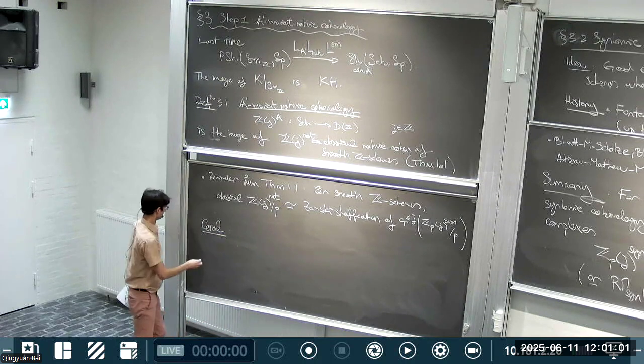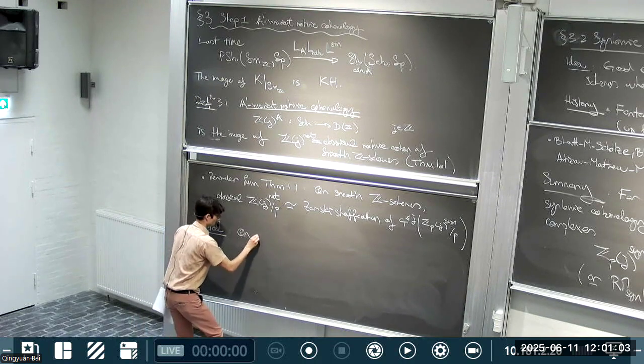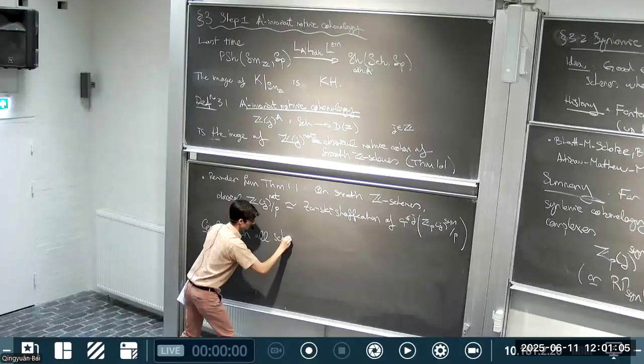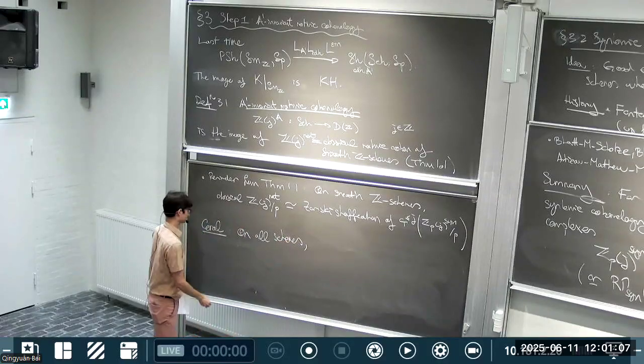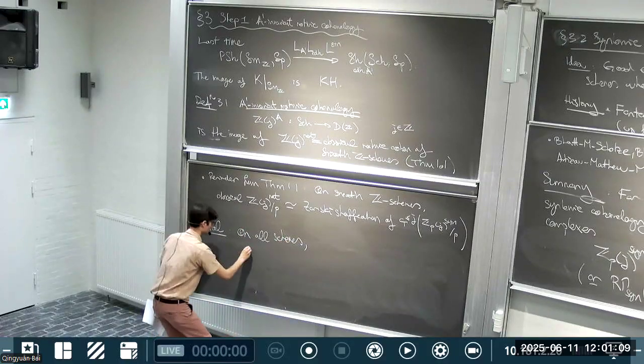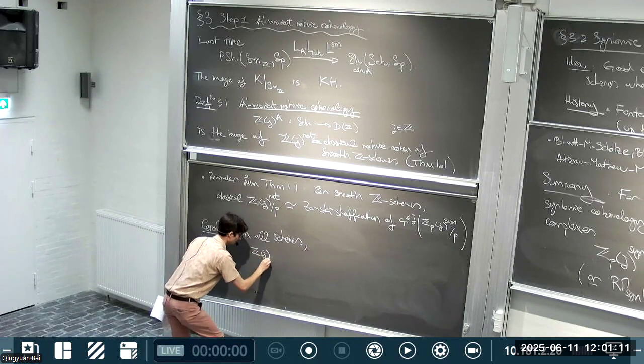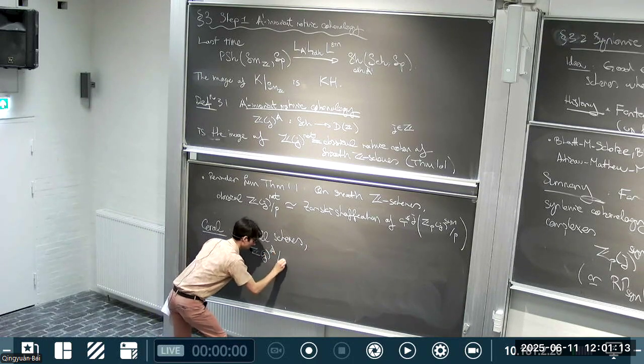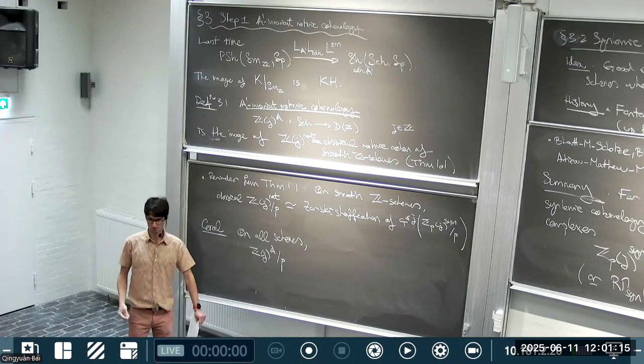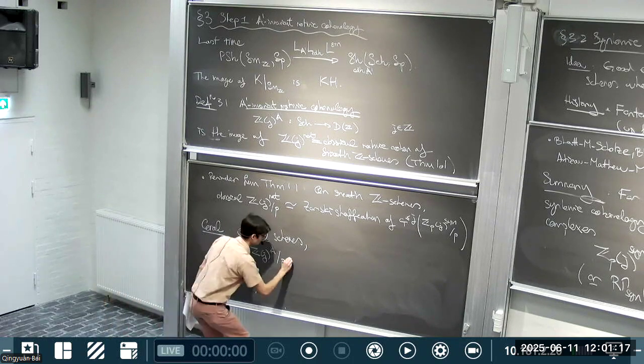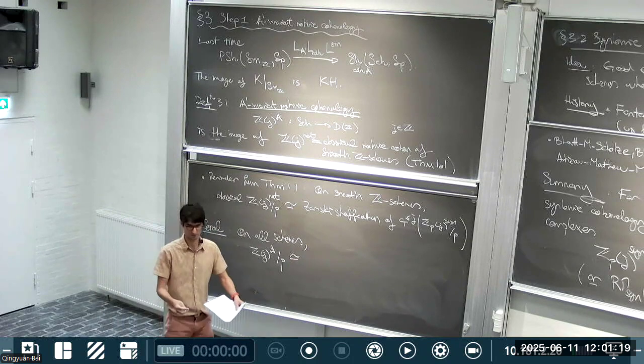So the corollary of all that is we see that on all schemes, how does mod p A1-invariant motivic cohomology look? Well, I follow my recipe.